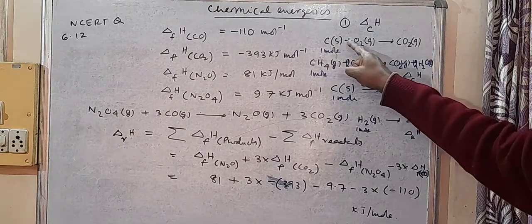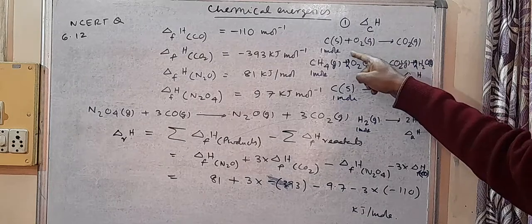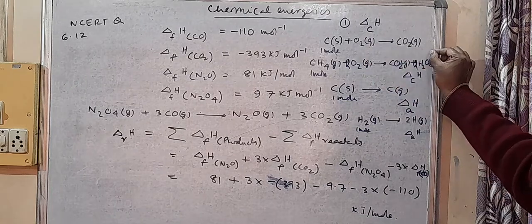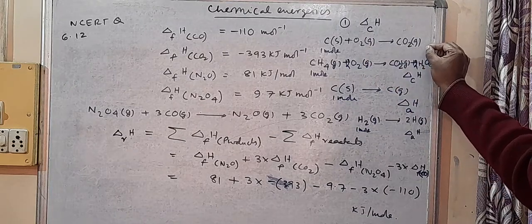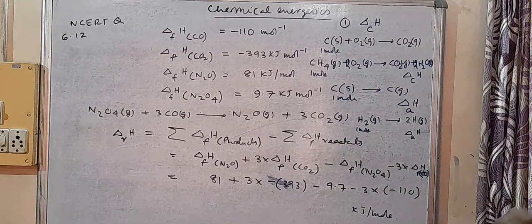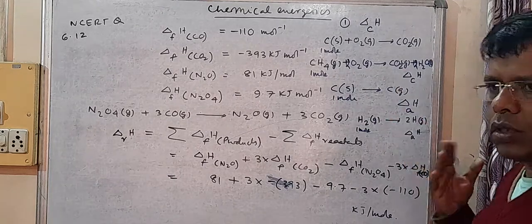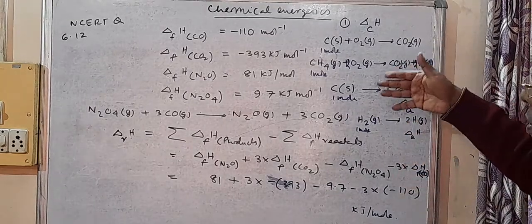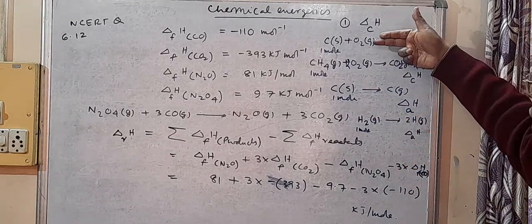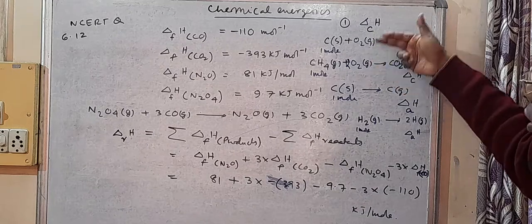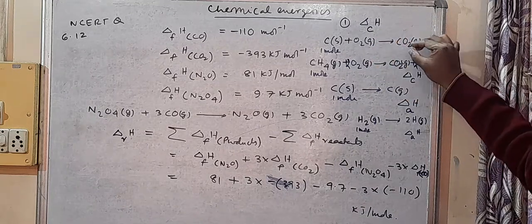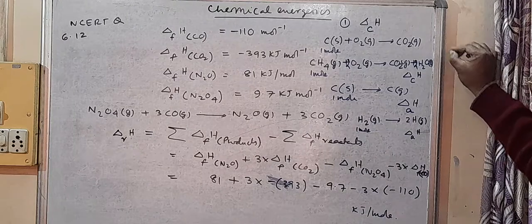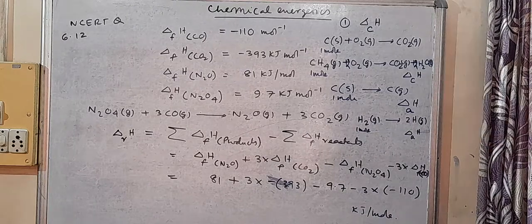If I divide both sides of the equation by say 3, the enthalpy value also gets divided by 3. This is the property of thermochemical equations. This we have to remember, and we are going to use it. If we are adding two equations, then the enthalpy values also get added.